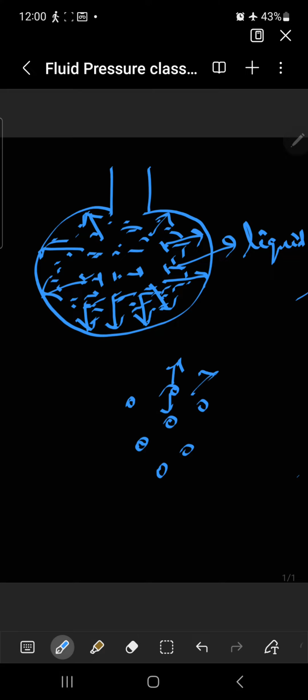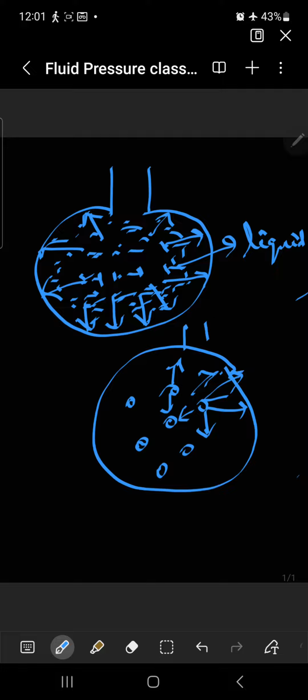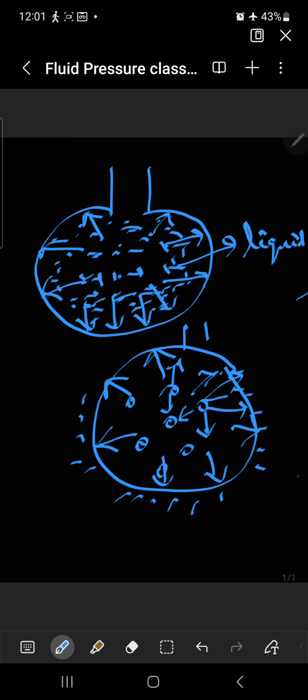They are moving here and there and colliding with each other, and they are also colliding with the wall of the vessel, and they are creating a kind of pressure over the walls as well. Okay. So this pressure is known as fluid pressure.